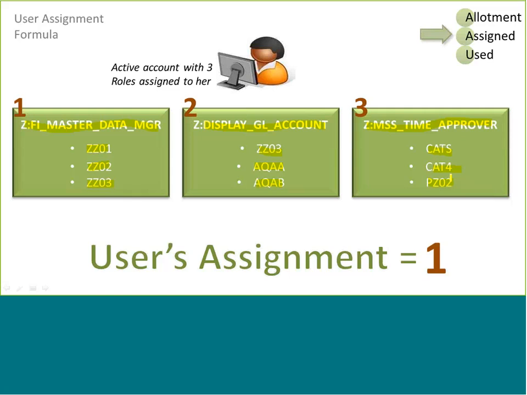Even though this person has 3 roles and they're all over the place, because they have at least 1 full professional role, the user assignment equals 1. So just to recap, we talked about how to enter in our allotments, and this is how we determine assignments. Users inherit the most significant license type assigned role.